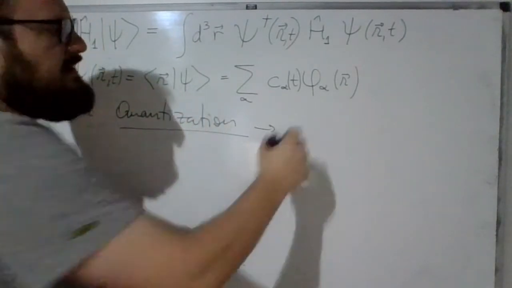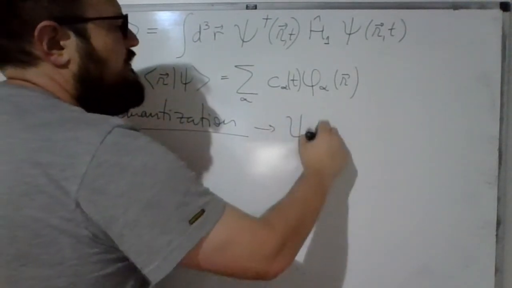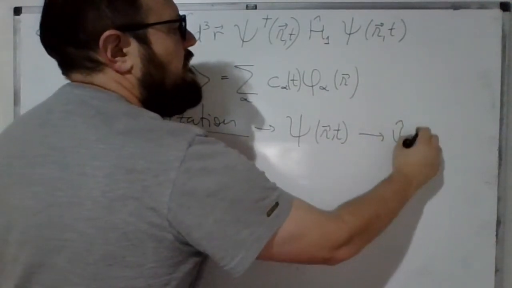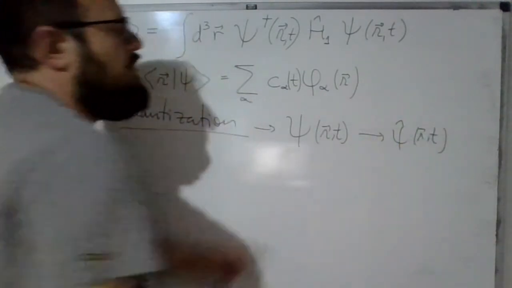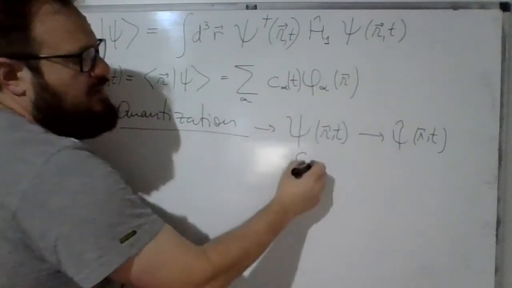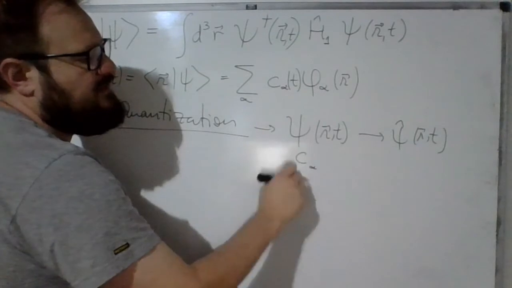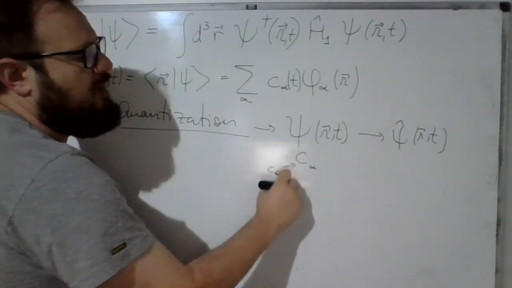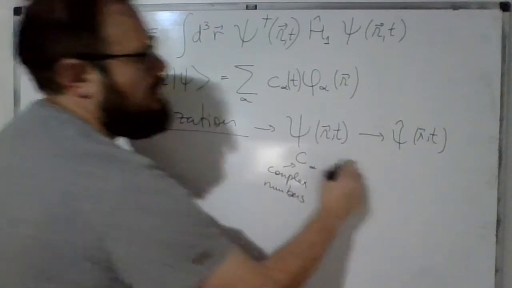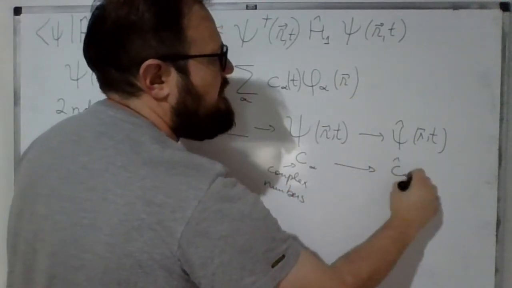You need to replace your objects, which are functions, by operators, which corresponds to replacing, of course, the dagger also, which corresponds to replacing these coefficients, which are just complex numbers, by operators.